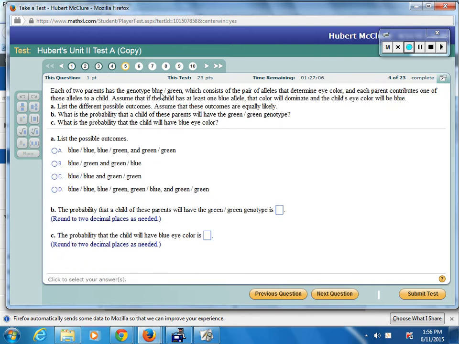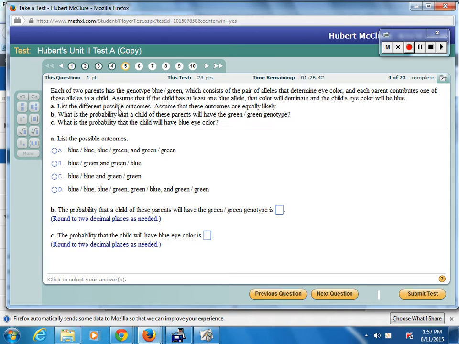Each of the 2 parents has a genotype blue-green, which consists of their pair of alleles that determine eye color, and each parent contributes one of those alleles to a child. Assume that if a child has at least 1 blue allele, that color will dominate, the child's eye color will be blue.